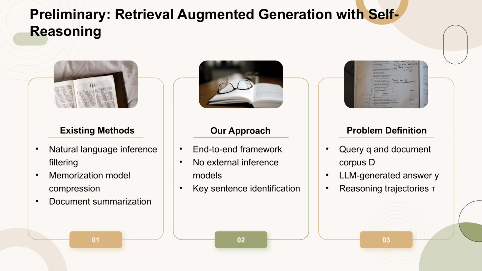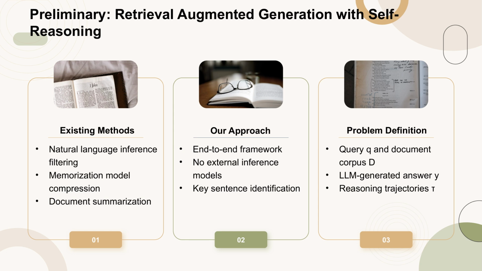In the preliminary section, the authors discuss various existing methods for improving the robustness of retrieval-augmented language models, RALMs. These include using natural language inference models to filter irrelevant documents, employing memorization models to compress retrieved documents, and generating summaries of documents as notes.